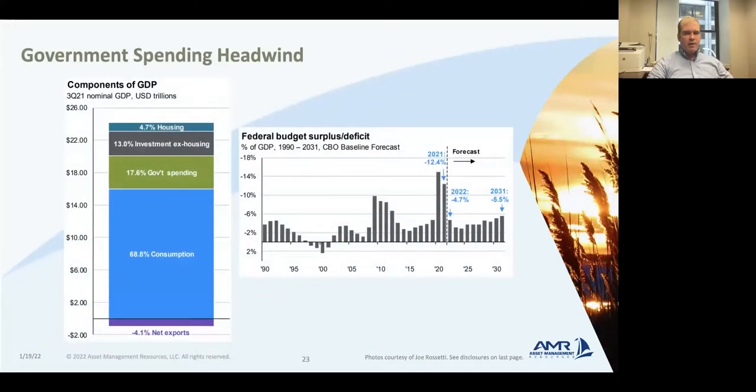Now, this is, I think, the most important slide that we have in this deck. What we're going to see is a dramatic fiscal drag in 2022. We spent about 12.4% of GDP in the federal budget deficit in 2021, and in 2022 it's going to fall to about 4.7%, and that's going to take out about $1.5 trillion in nominal GDP growth.